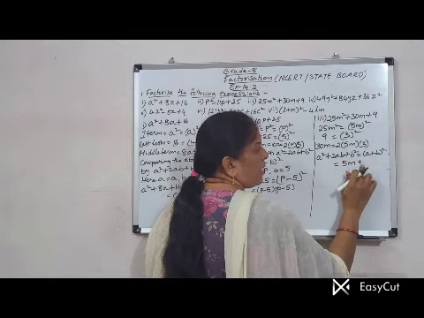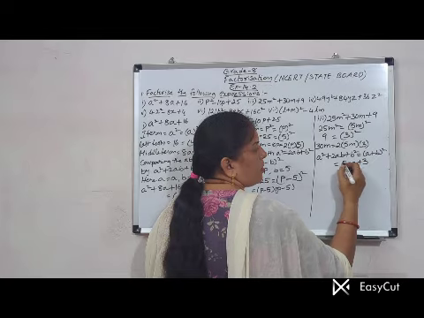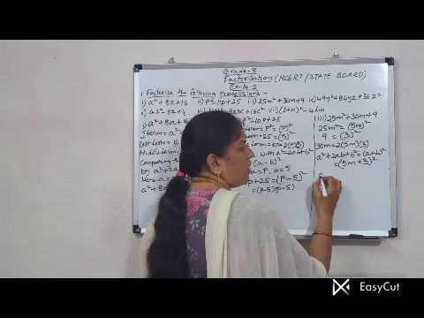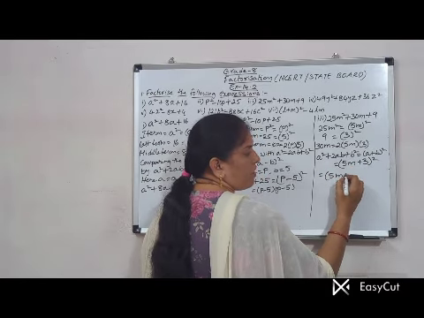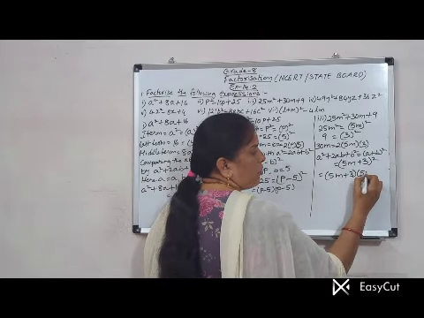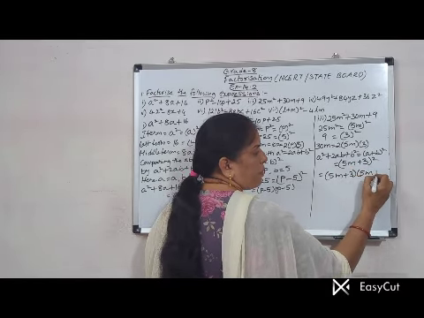Plus b means how much? 3 whole square. So what are the factors? 5m plus 3 into 5m plus 3. These are the factors of the given algebraic expression.